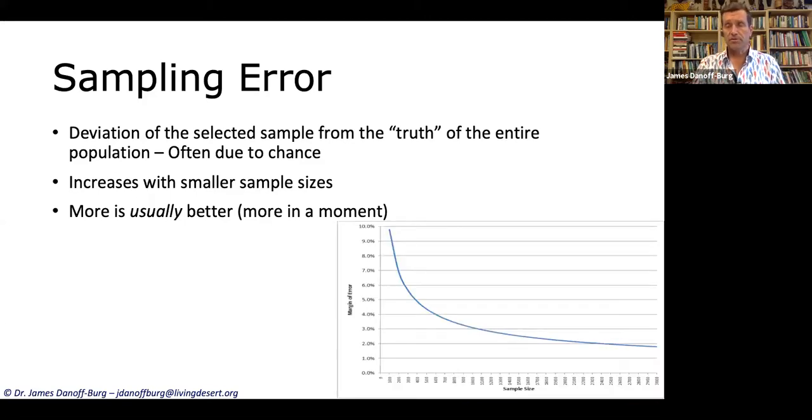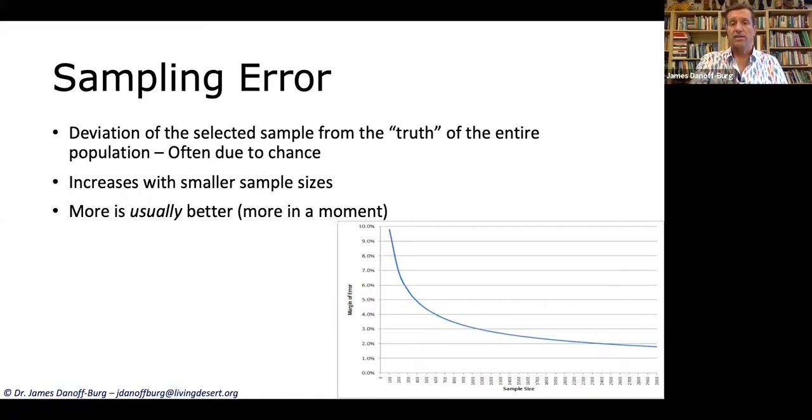So this is a graph here that shows the margin of error on the vertical axis, the one that goes up and down, from 0% to 10%. And this is just a theoretical model. On the y-axis, the margin of error is being shown, and on the x-axis, the sample size.